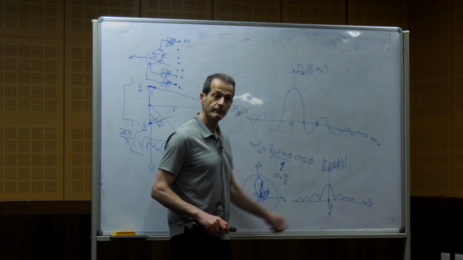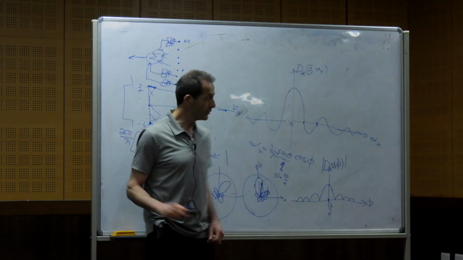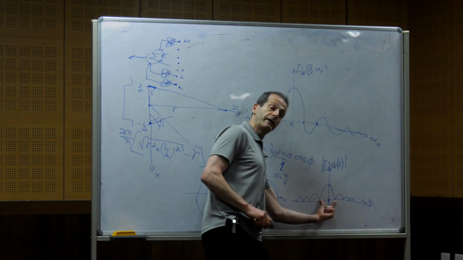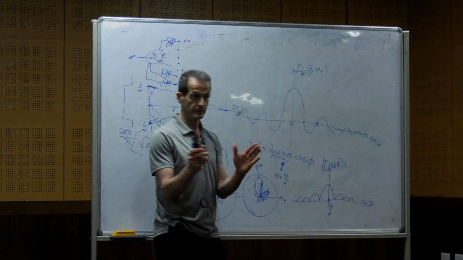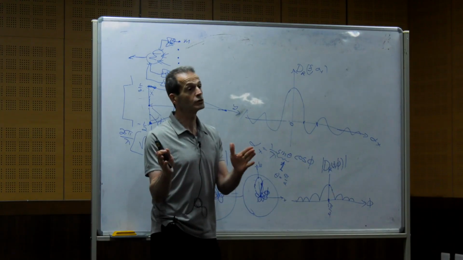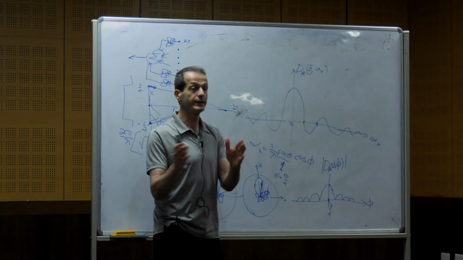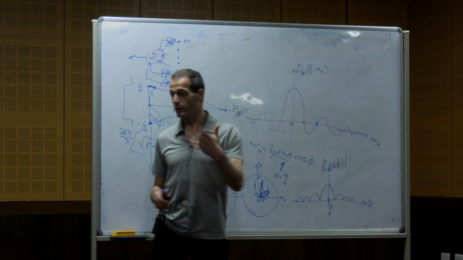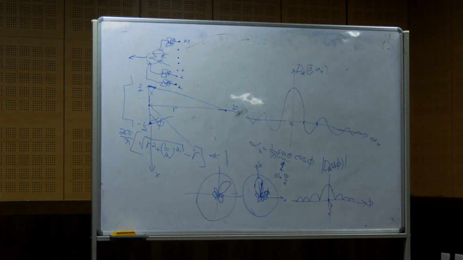Or maybe, just like we saw before, the main beam width depends on the frequency. Maybe I want to change it so it's not dependent on the frequency. So we have different ways to design the directivity pattern.